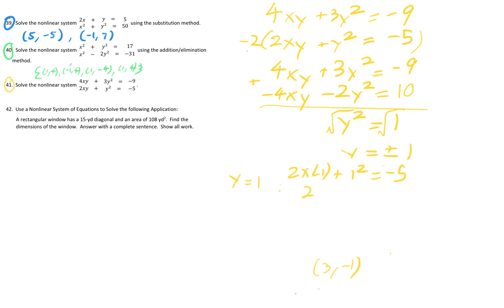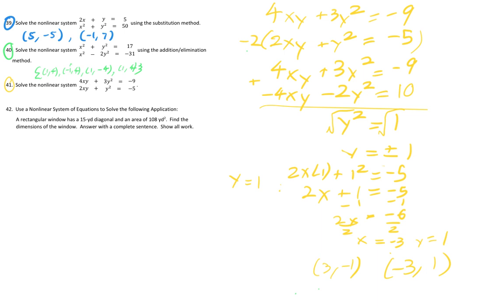So that means we have 2x plus 1 is equal to -5. Subtract 1 on both sides. So we have 2x is equal to -6. Divide both sides by 2. So x is equal to -3 when y is equal to 1. So we can say -3, 1 is our other solution.